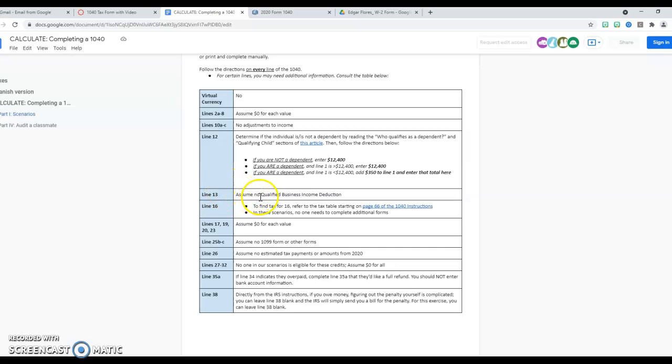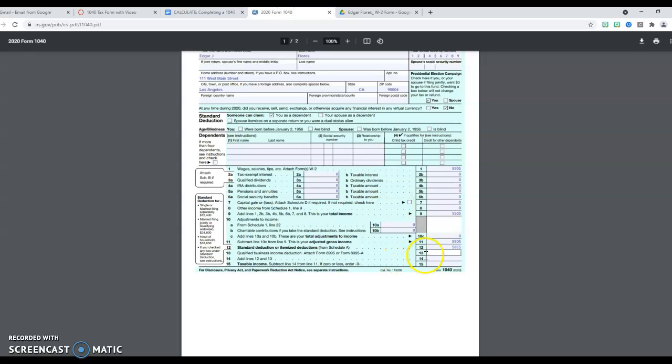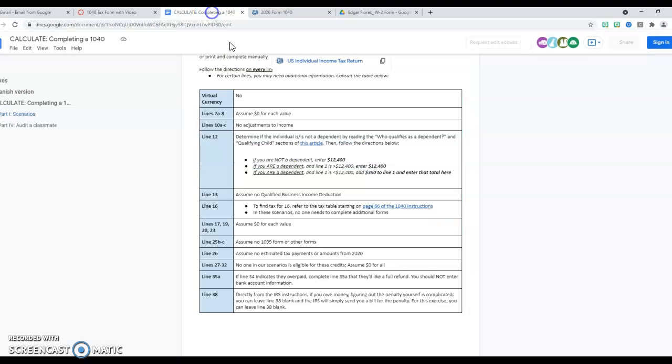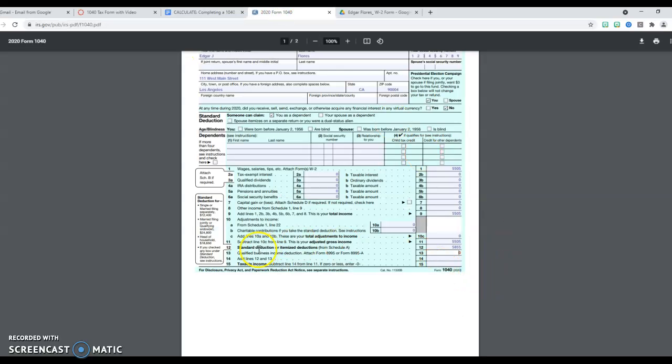Line 13, it says, assume no business income deduction. So I'm going to come to line 13 and put a 0. Line 14. Oh, it doesn't mention anything. It must be adding. Add 13 and 12 together. And when you do, you get $5,855.